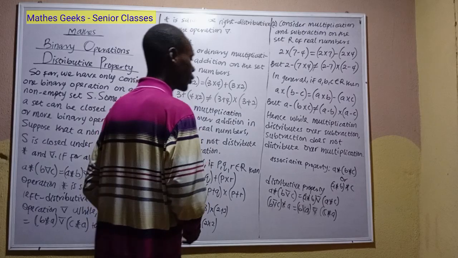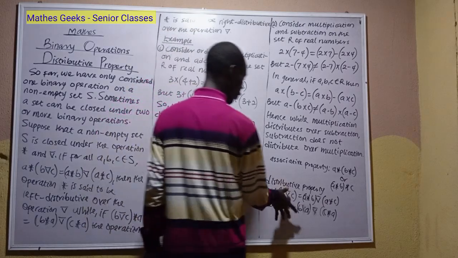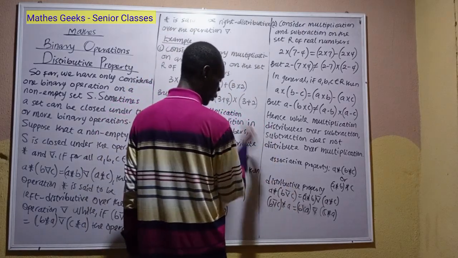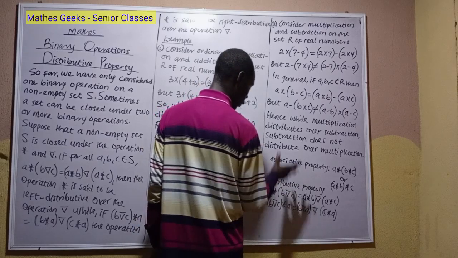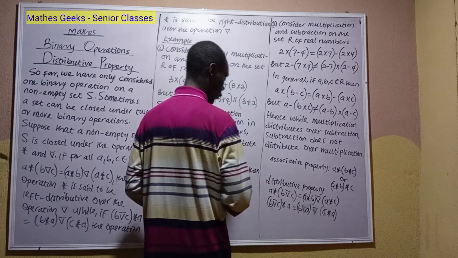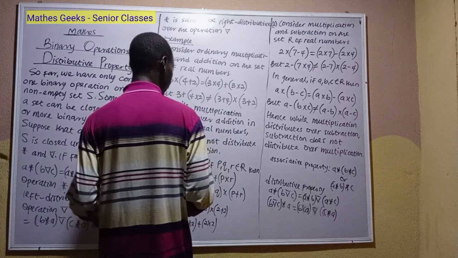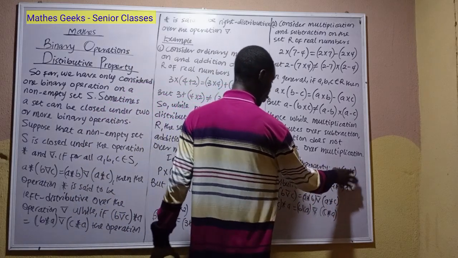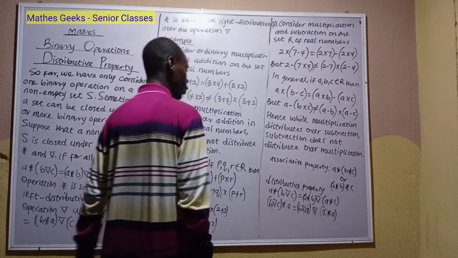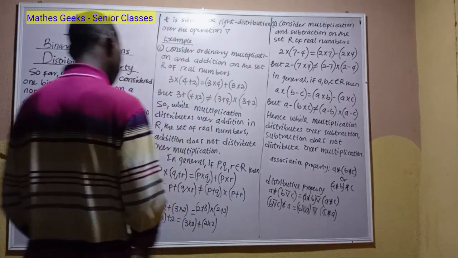So what you can see is that for the distributive property, there are two distinct operations with three elements, while for the associative property, it is the same operation with three elements.